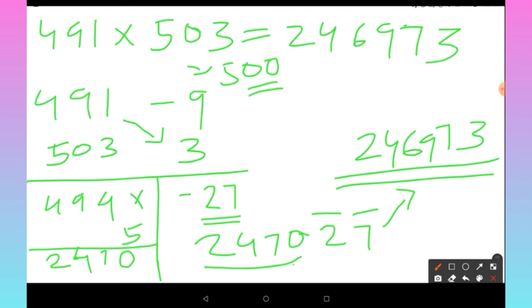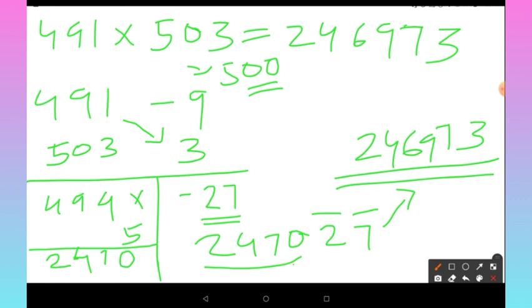Okay. So this is how you have to multiply. The only thing is to find an appropriate base as a multiple of 10, 100 or 1000 based on your number. You will get a base like 50, 30, 40, it can also be 60, whatever it is, 500, 200, 300, whatever it is.